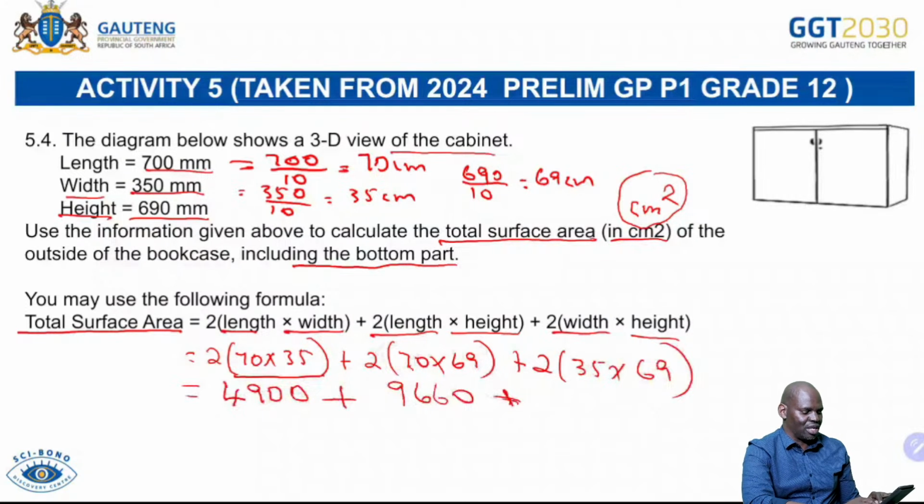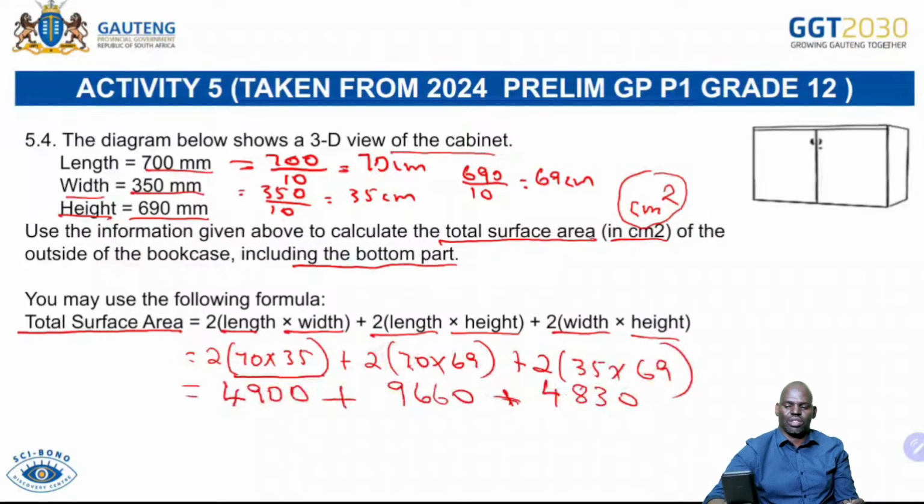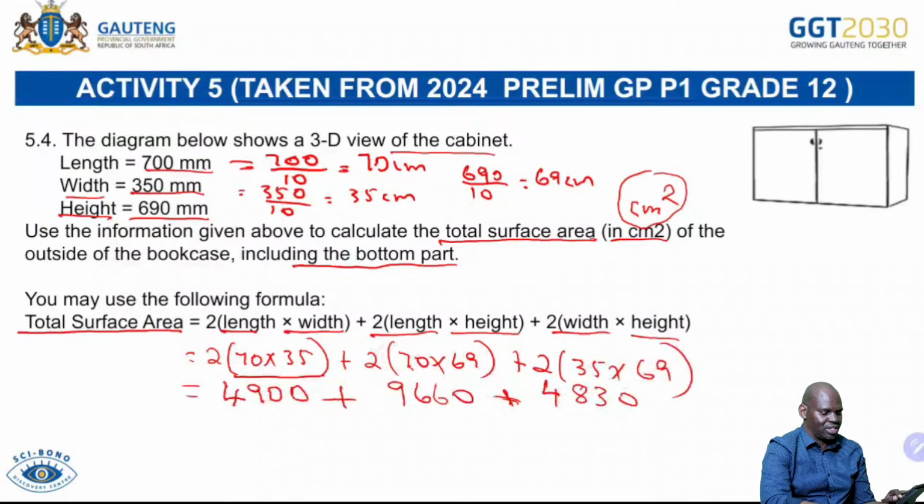And then the next one is 35 multiplied by 69. Remember, we have to multiply it by 2. Then I get 4,830. Let me just verify: 70 by 69, I got 4,830, then times 2, I got 9,660.